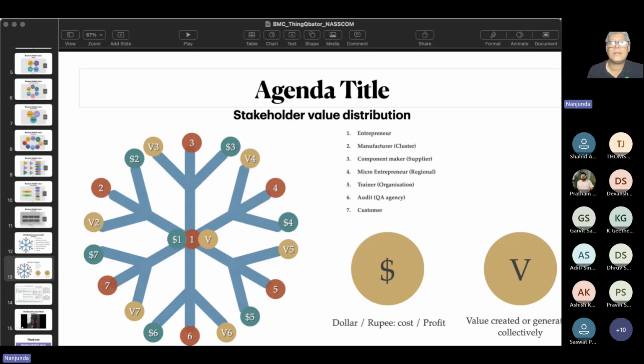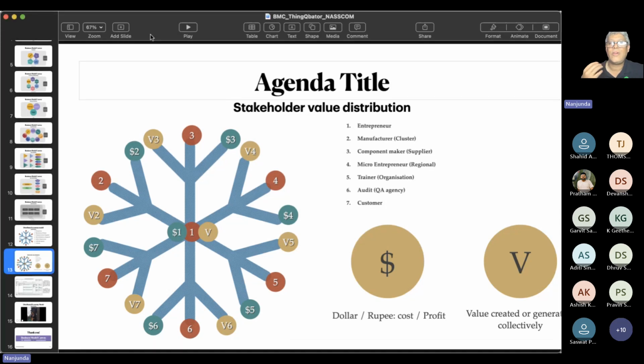See, current value creation is that everybody gets a fee, right? Each of these 7 stakeholders, they all get their value. So what is the value for the customer? The customer's value takeaway is the quality product, with quality service and quality fulfillment of whatever promises.